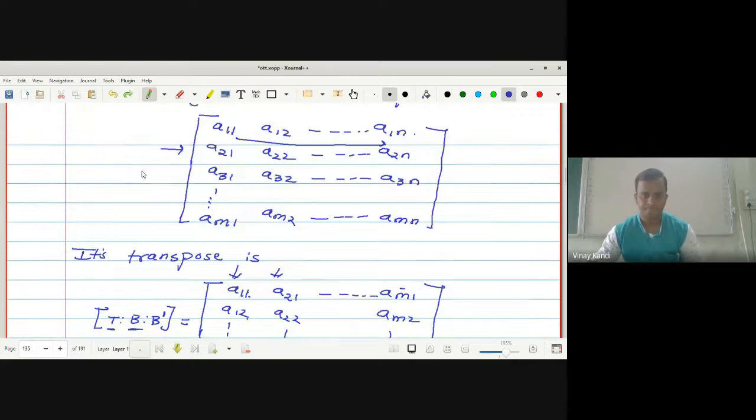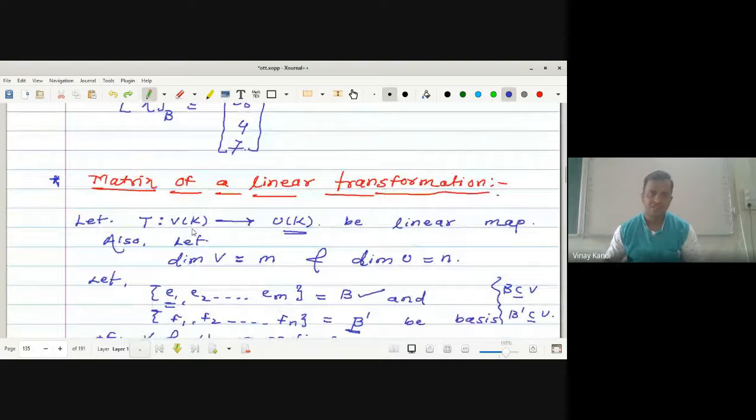Now look here. What is the dimension of V over K? It is m. What is the dimension of U over K? It is n. So this is m and this is n. Whatever be the dimension of your codomain vector space, this is the codomain, so the dimension of this one is n.